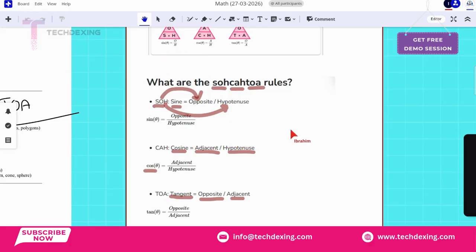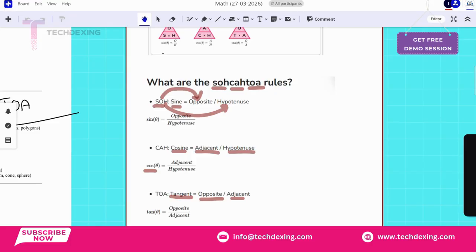We can also abbreviate SOHCAHTOA into triangles. SOH looks like this, CAH looks like this, TOA looks like this, so you can remember them by using this triangle as well. When we are going to find sine theta, it will be opposite over hypotenuse.